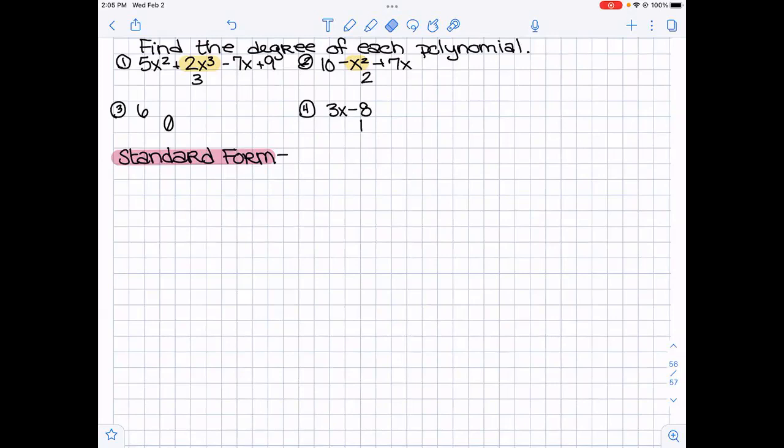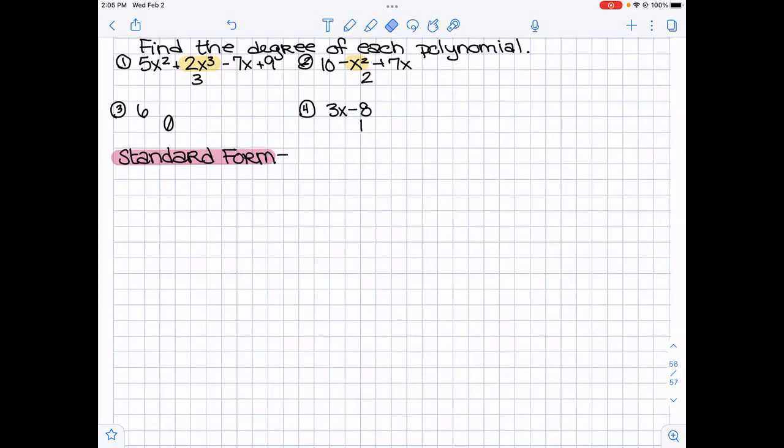Okay, so yesterday we talked about polynomials. What are the three names for polynomials? Monomial, trinomial, binomial. Okay, we also talked about coefficients. What are coefficients?